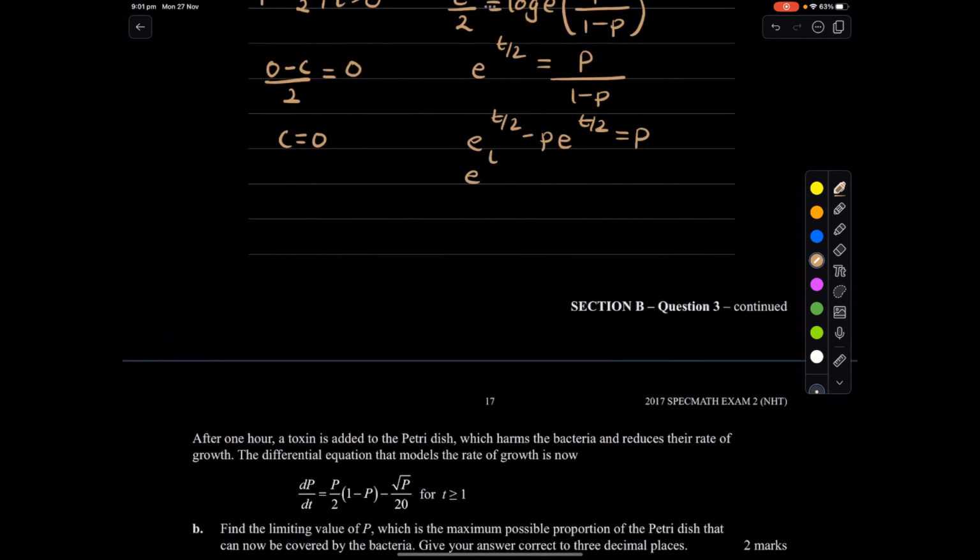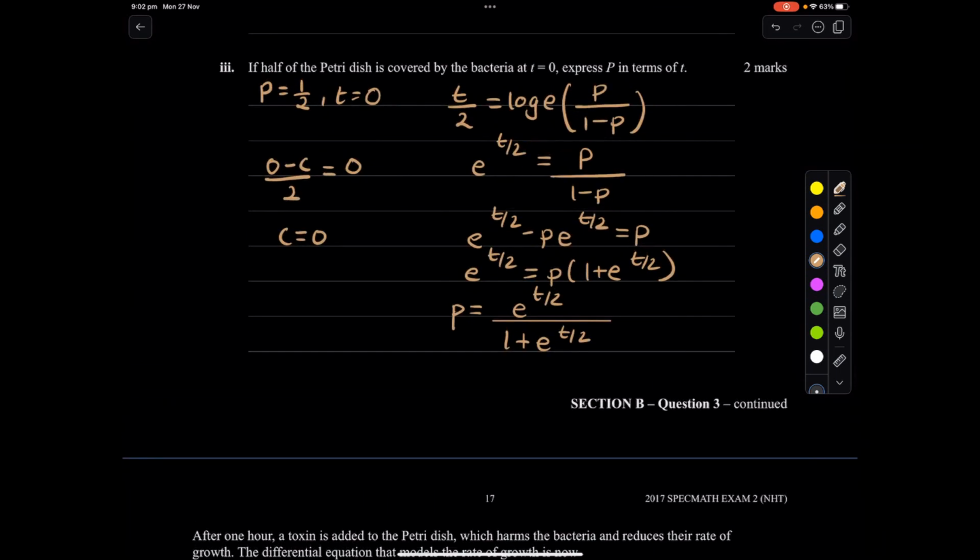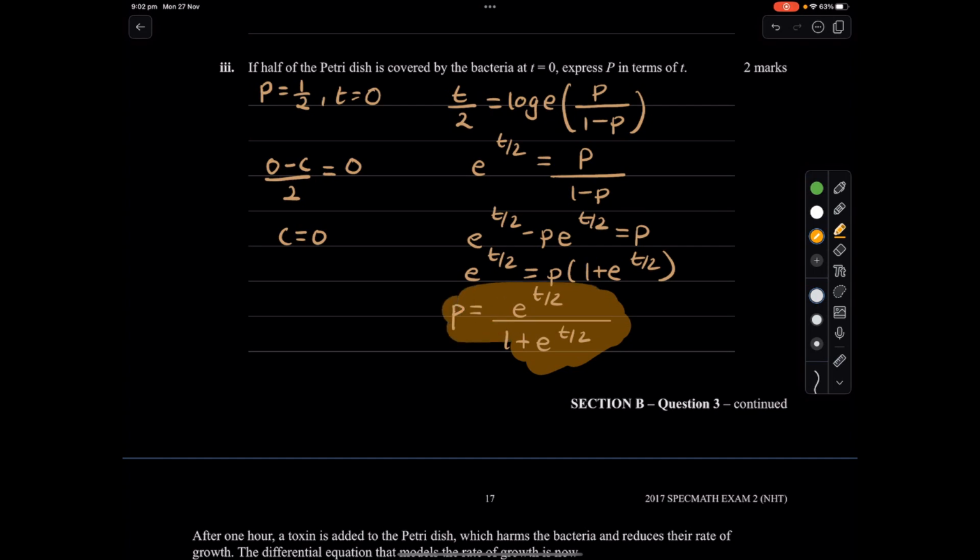Hence e to the t over 2 equals p times 1 plus e to the t over 2. Hence p is just going to be e to the t over 2 over 1 plus e to the t over 2. That's it, that's p in terms of t. Nice and easy. That's not too bad.